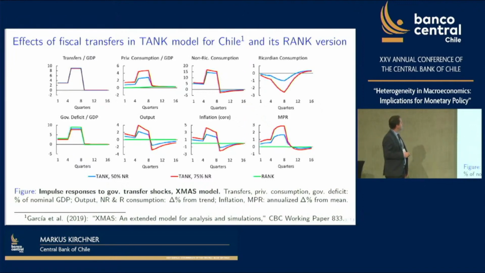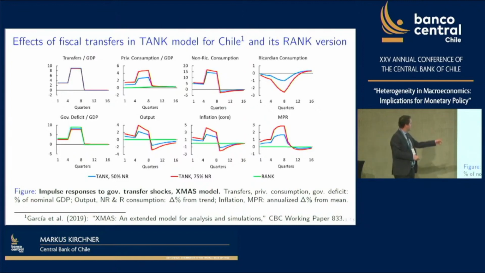So in the baseline calibration, where there's 50% of non-Ricardian households, that shock to transfers has quite an important impact on GDP and on private consumption. Private consumption increases about 3 percentage points. Non-Ricardian households increase their consumption very strongly, more strongly in the second year. That's just a sequence of unexpected shocks, which is why the responses look a bit weird. And then they decrease consumption.